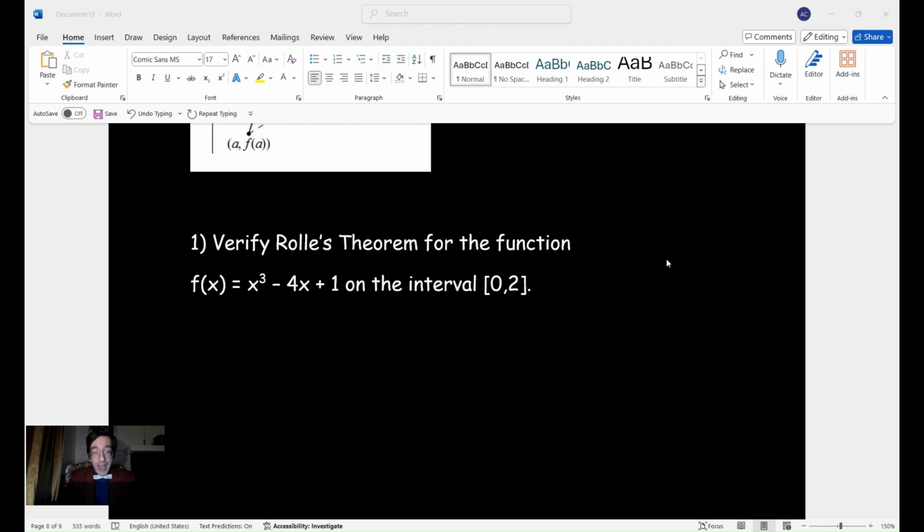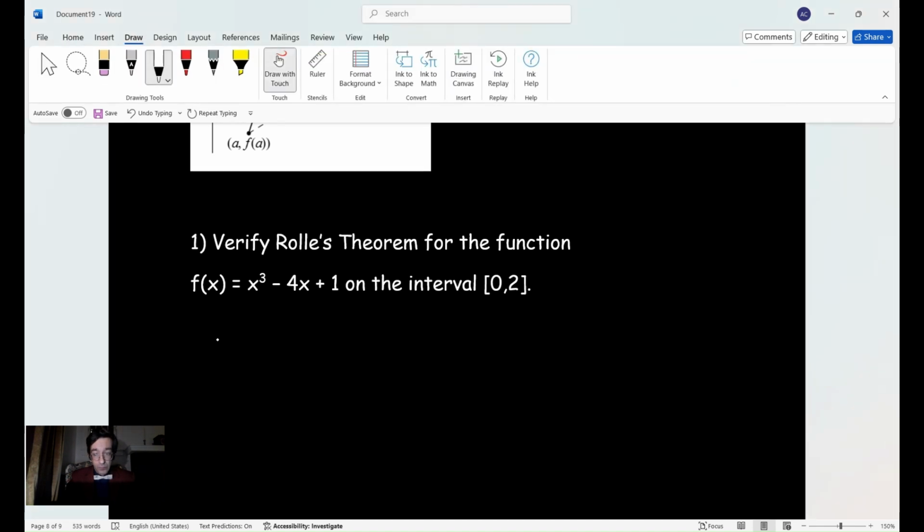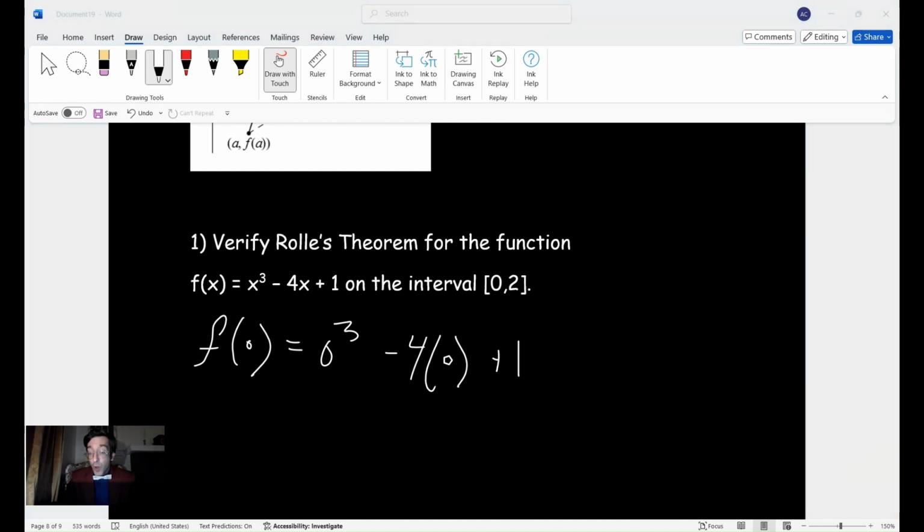So we're going to compute f of 0. If we do f of 0, we have 0 cubed minus 4 times 0 plus 1, which equals 1.